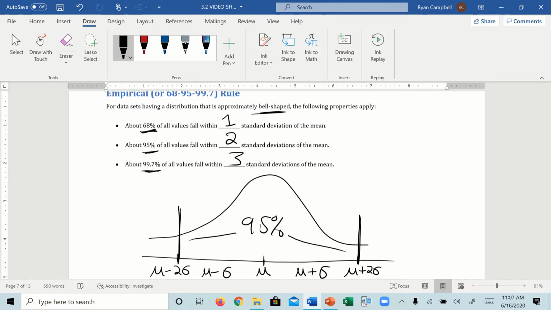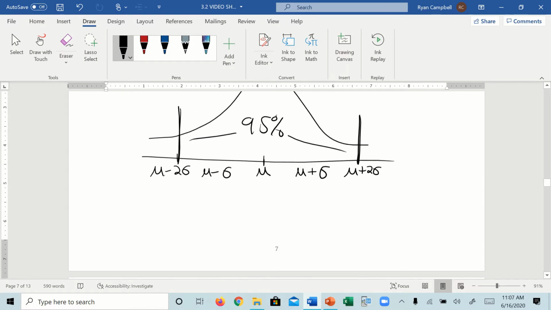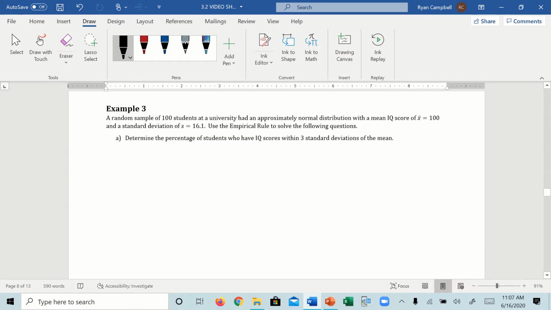All right, so we're going to use these 3 numbers to figure out the rest of these problems. Like I said, this is the last example, but it just has like 15 parts. A random sample of 100 students at a university had an approximately normal distribution, with a mean score of x bar equals 100 and a standard deviation of 16.1.